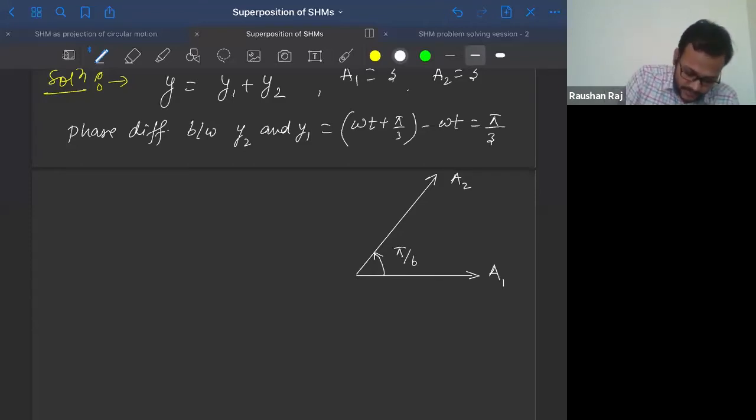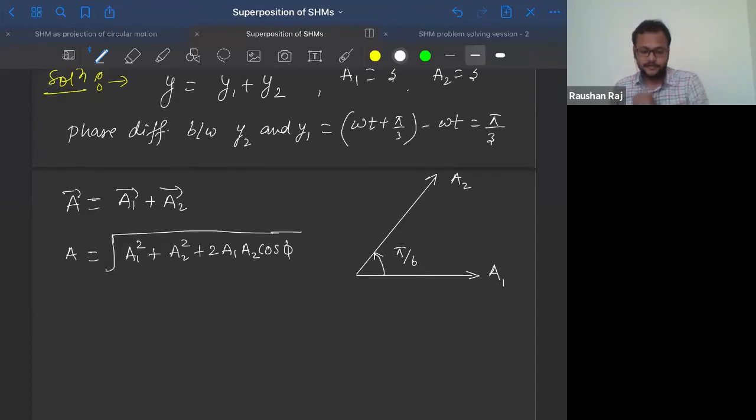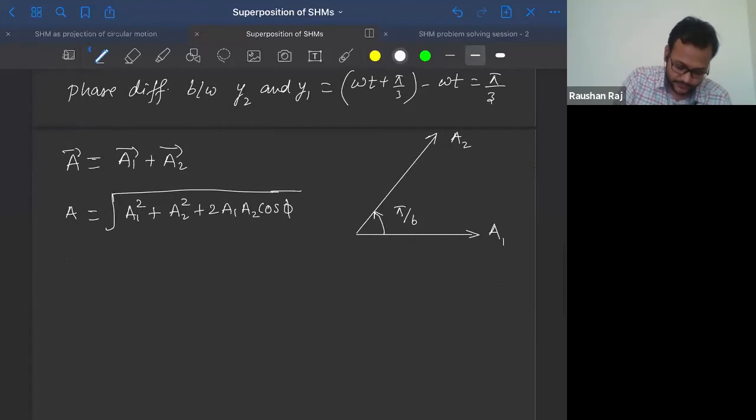Now tell me, what will be the value of A? A will be written as A1 vector plus A2 vector. What will be the magnitude of the A vector here? The magnitude of A will be the square root of A1 square plus A2 square plus 2 A1 A2 cos of phi. This is the formula for A. Now let us put the values.